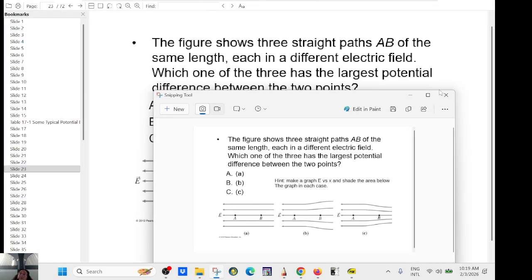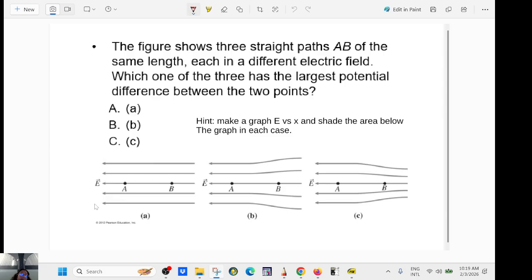You can do the graph, or you can imagine here, okay, you have a positive charge in your hand and you're pushing against.